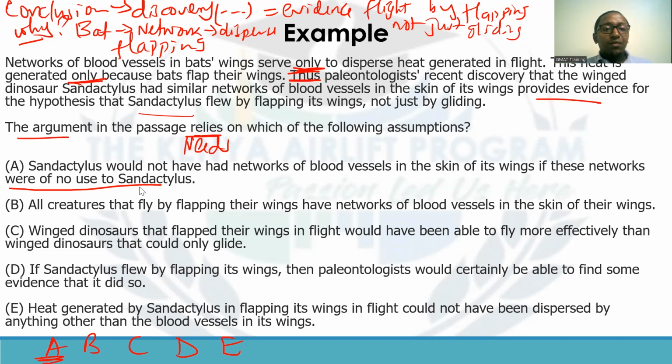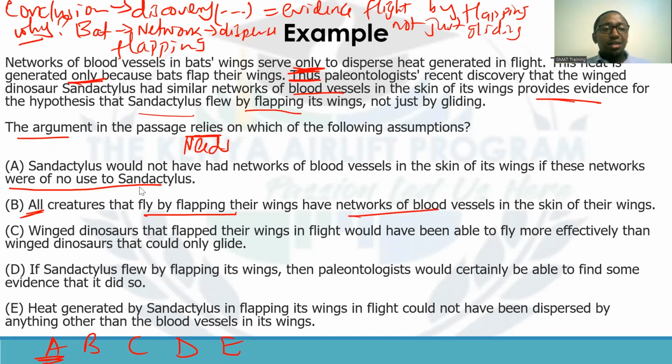B, all creatures that fly by flapping their wings have networks of blood vessels in the skin of their wings. So we're trying to see if the blood vessels are evidence for flapping wings. This says that all creatures that fly by flapping have networks of blood vessels.